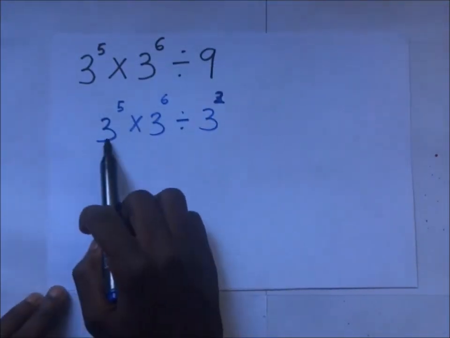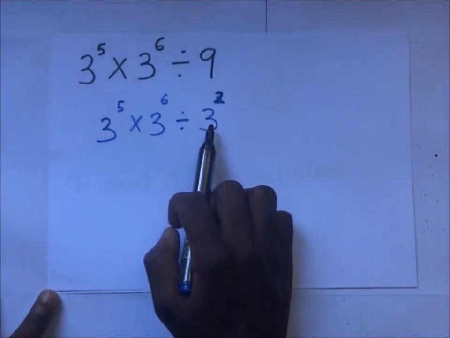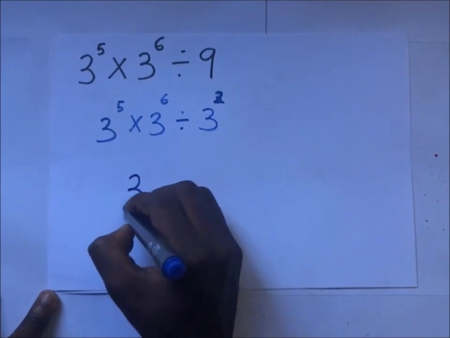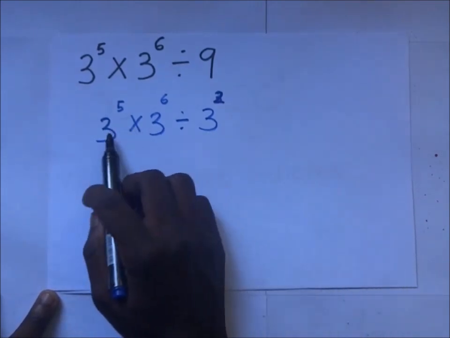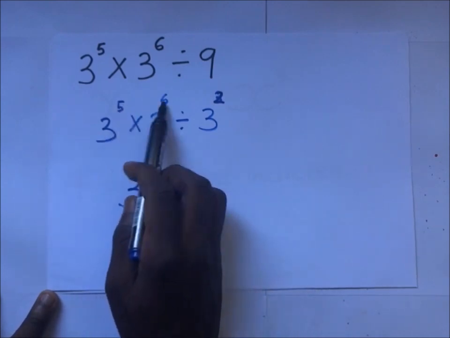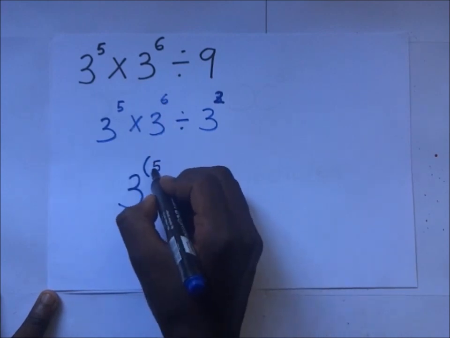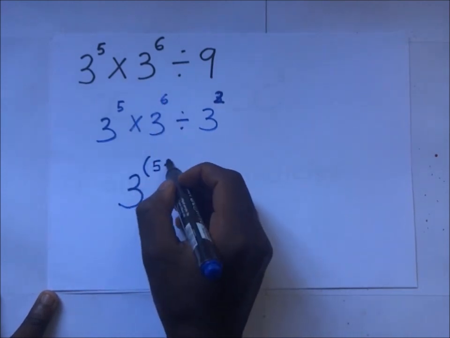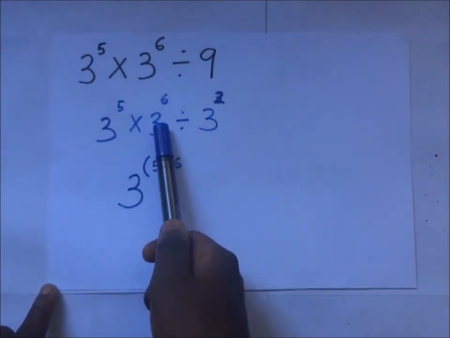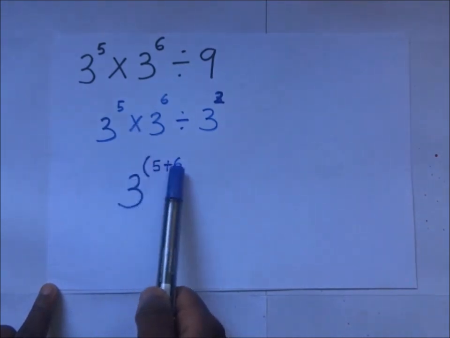So here, it's multiplication, then here it's division. So what we do here, since the base is the same, we are going to maintain the base. And with this multiplication, we first add the powers because it's multiplication of indices, which is 5 plus 6.